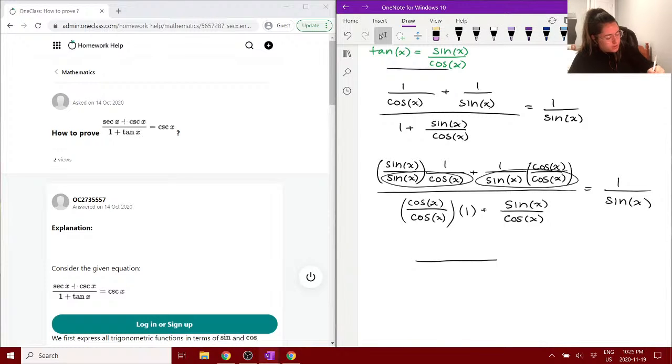So for this fraction in the numerator, we have sine of x on this side plus cos of x on this side. And remember, in the denominator, we have our common denominator of sine x times cos x.